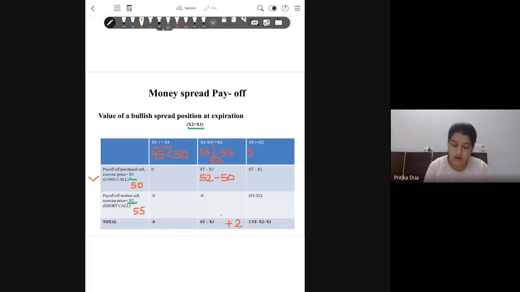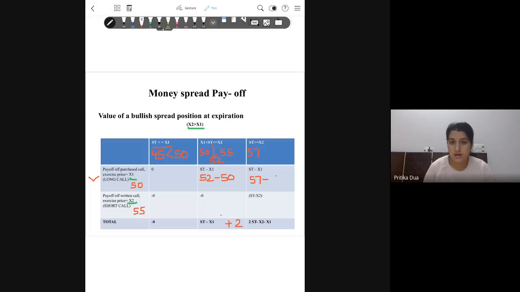While you gain on the long call, you are losing on the short call. On the long call, what you are gaining is 7 rupees: 57 minus 50, ST minus X1, a 7 rupees profit, ignoring the premium paid.